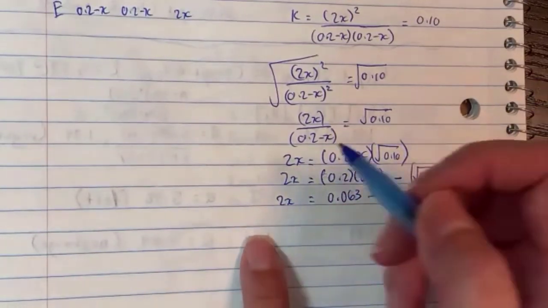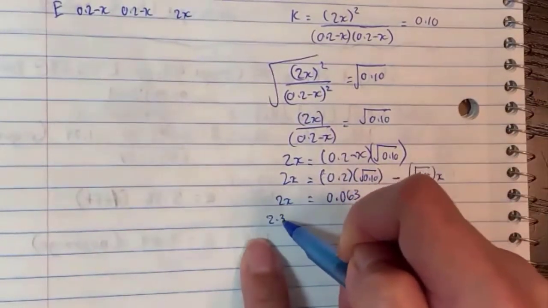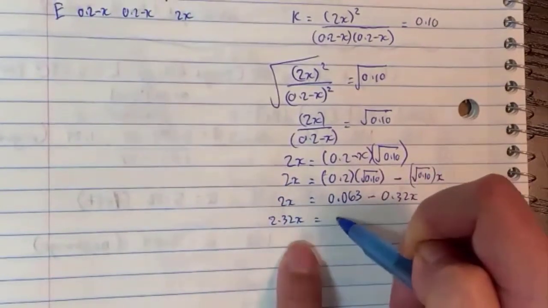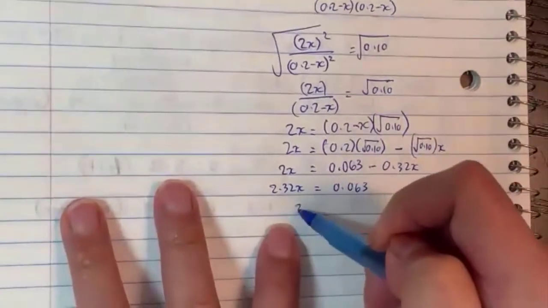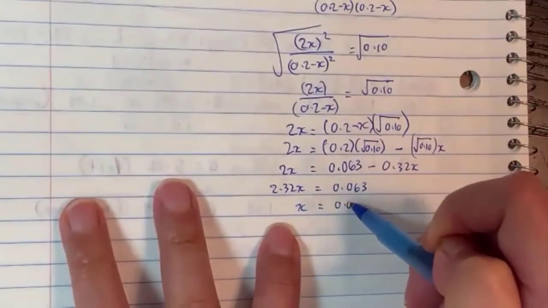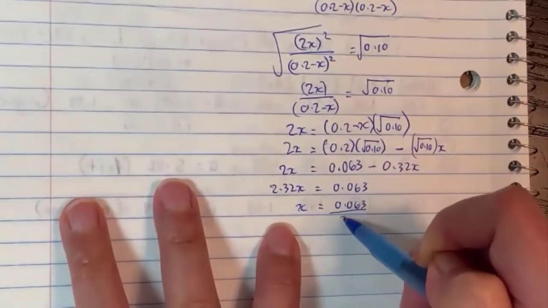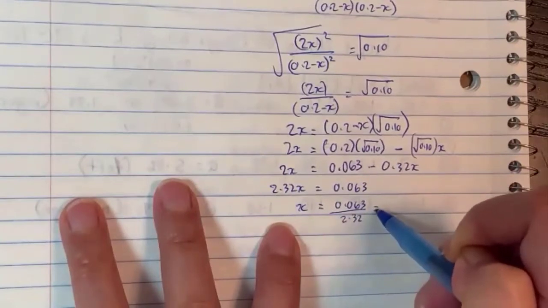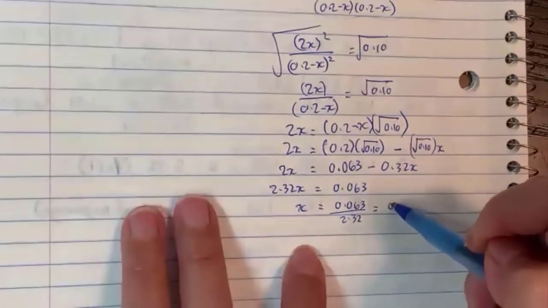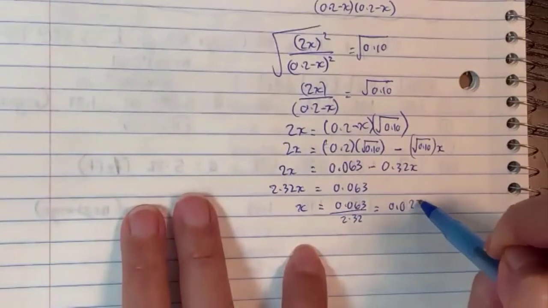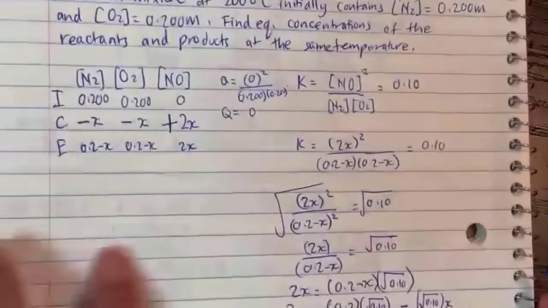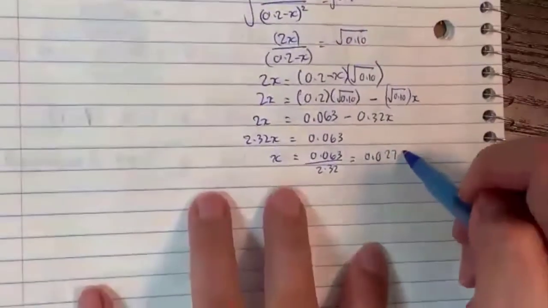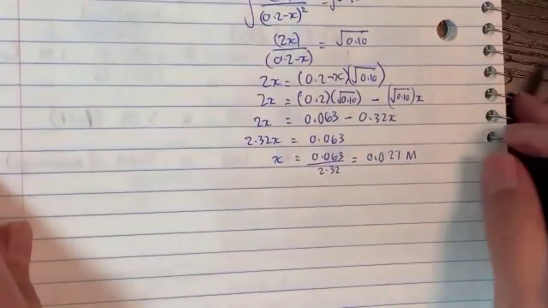So 2.32x equals 0.063. And then x is 0.063 divided by 2.32. And you get your answer as 0.027. This is in molarity here. All these are in molarity, so this is what x is, 0.027.